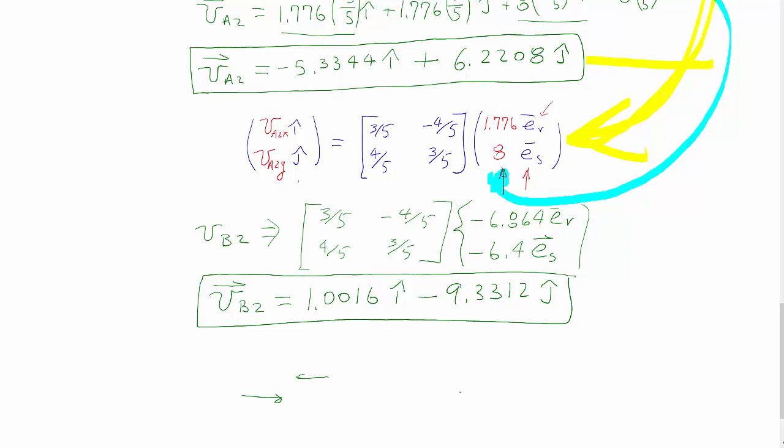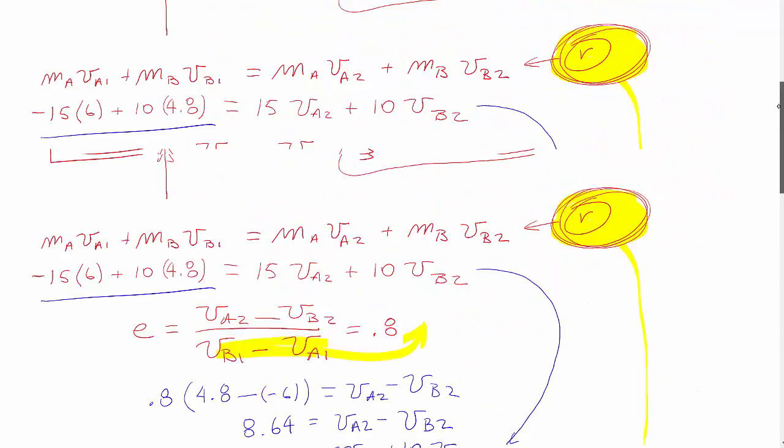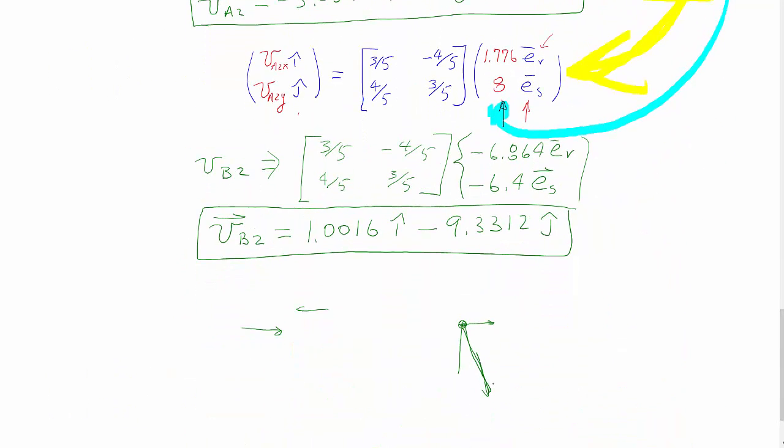But now, VB2 looks like it goes to the right 1, roughly, and down 9. So after impact, the one that came from the left, which was the B, turned and went down. So this is VB2, whereas before impact it was like this.